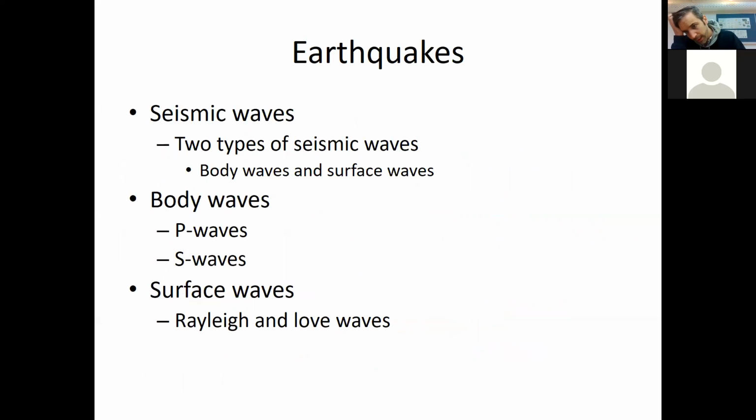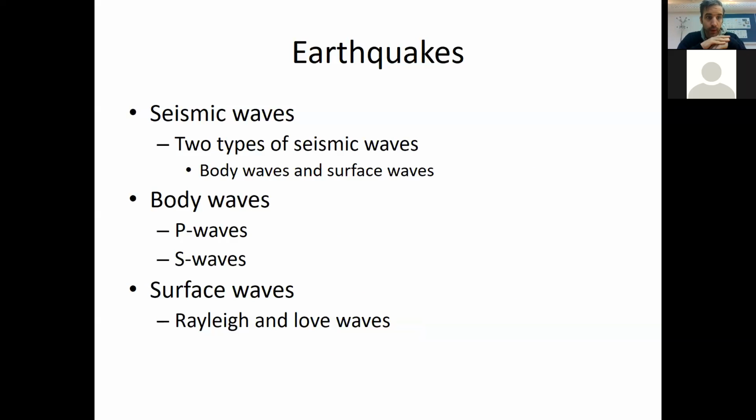Okay, as we were talking, the Earth is elastic, right? It has a stiffness and it has a mass, so it vibrates. And these vibrations propagate in the form of waves.